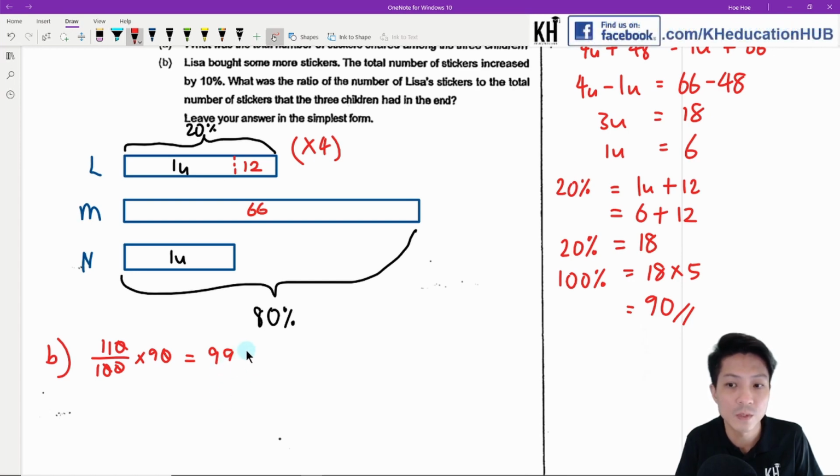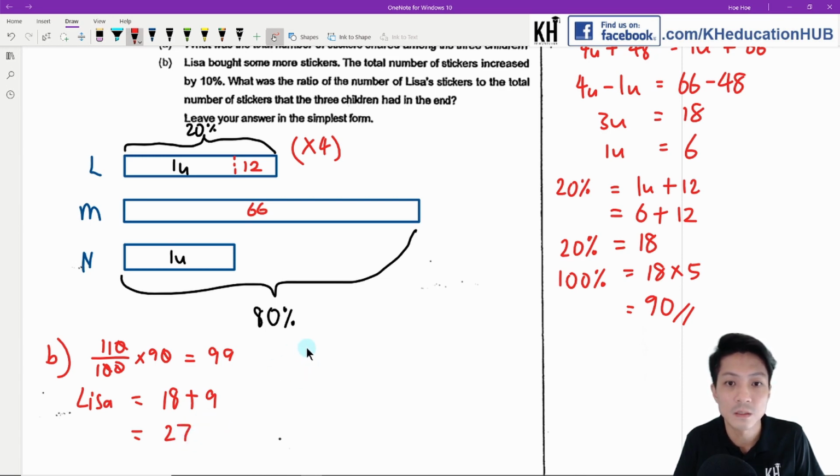Okay, which means that there's an increase of 9 stickers, right? Which means now Lisa's share is equal to 18 plus 9. Okay, which is 27.